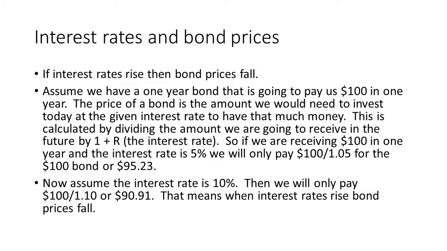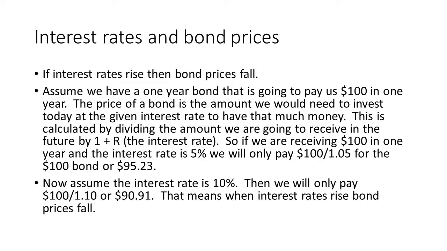Now, let's assume the interest rate goes to 10%. Then we're only going to pay $100 divided by 1.10, or $90.91, and this means when interest rates rise, bond prices fall. Now let's look at an extreme case. Let's assume on day one you buy the bond at $95.23. On day 2, the interest rate suddenly doubles to 10%.